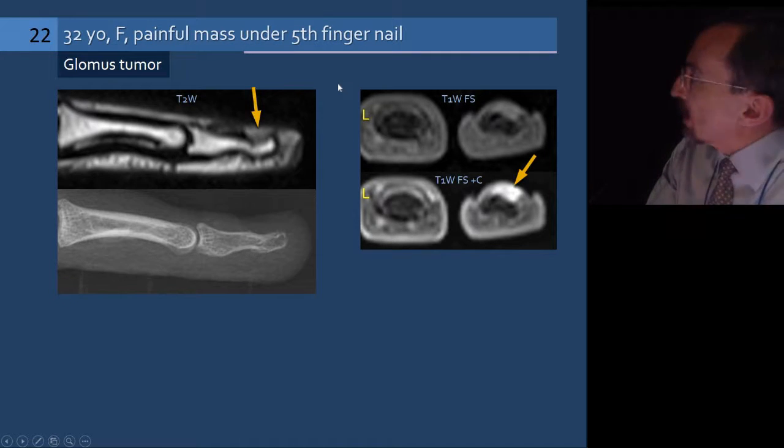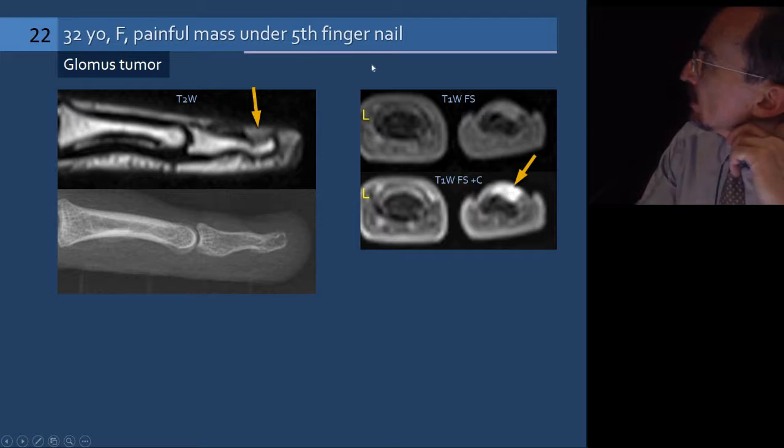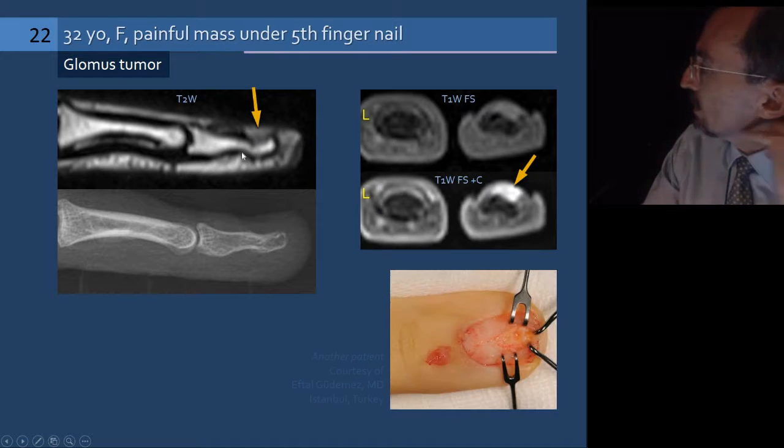Of course, one of the more common lesions in the fingers would be the so-called glomus tumor. And as you know, the characteristic of the lesion would be the profuse enhancement and some bone erosion at the dorsal aspect of the distal fingers.